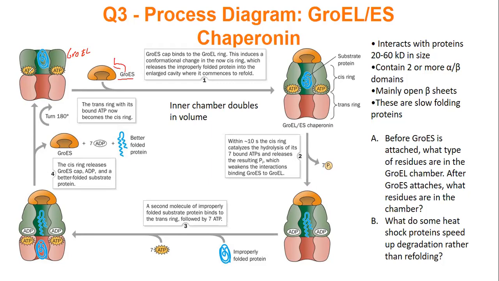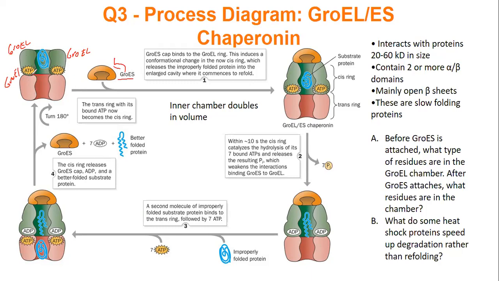Now, for a functioning GroEL, GroES protein, you actually have two copies. So the green is one copy of GroEL. The pink is a second copy of GroEL, right? So these are two individual GroEL copies.